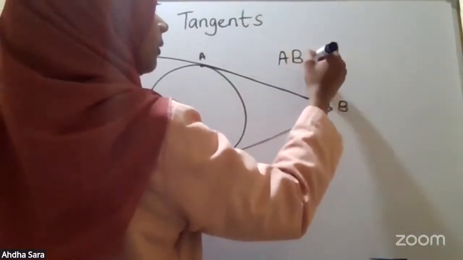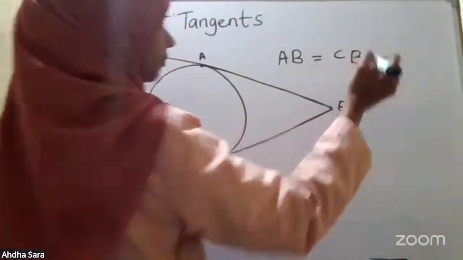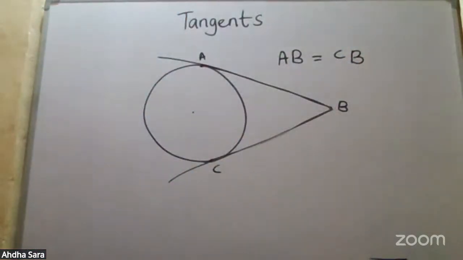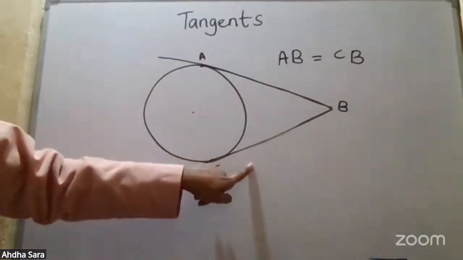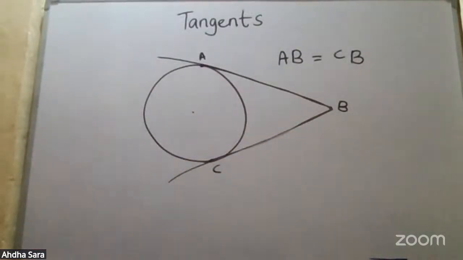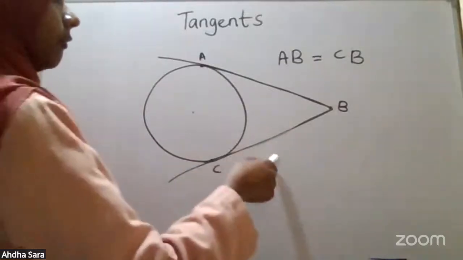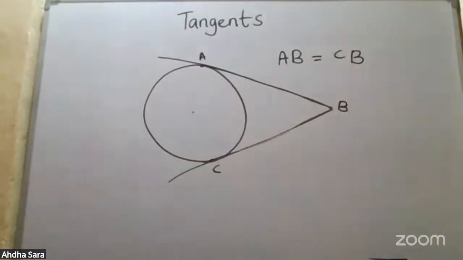So AB will be equal to CB. So remember, the two tangents drawn from an external point will be equal.